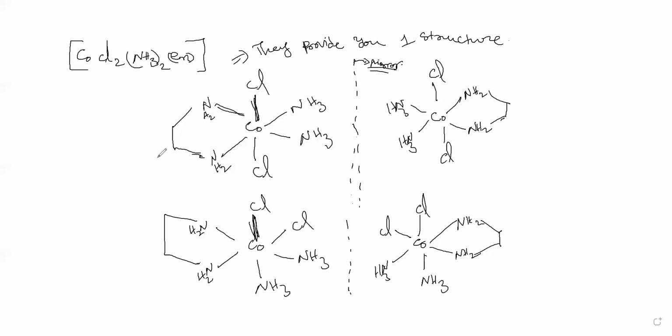Now we'll move on. The next isomer you have to practice is PtCl2(en)2 2+. This is the other isomer we have to practice. So it is Pt, Cl.